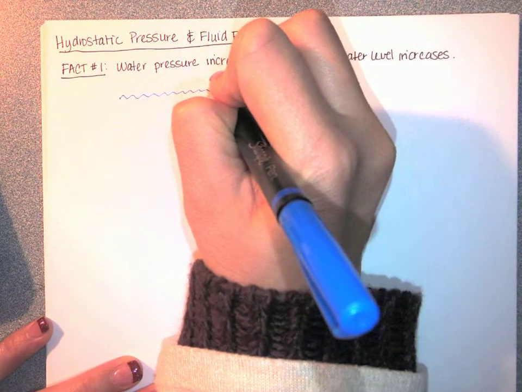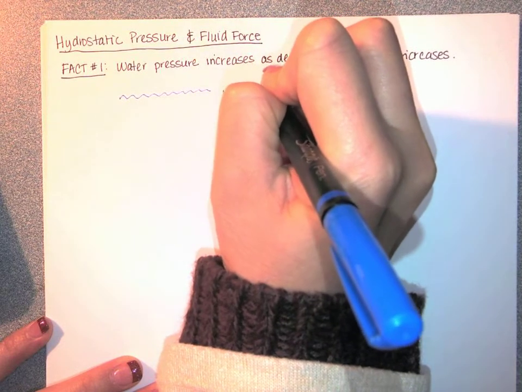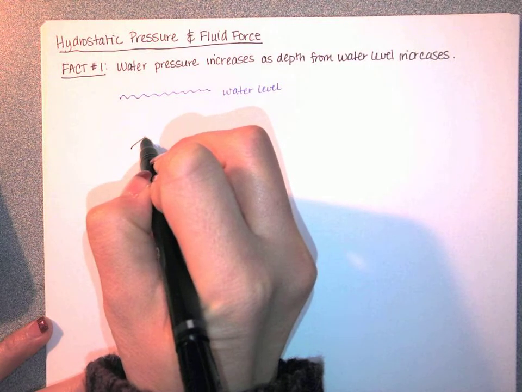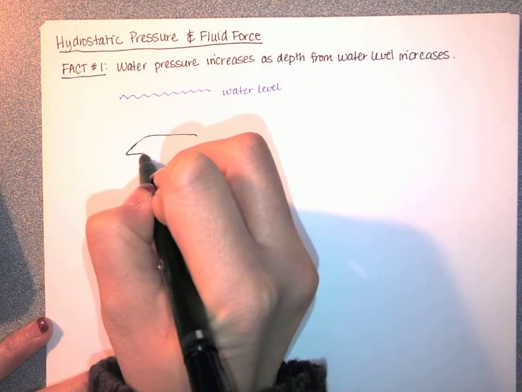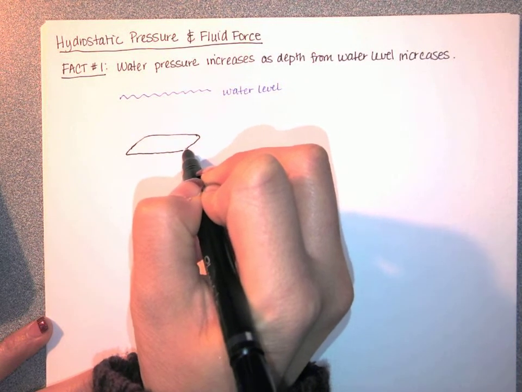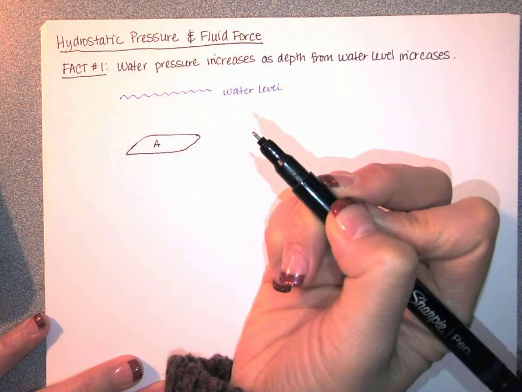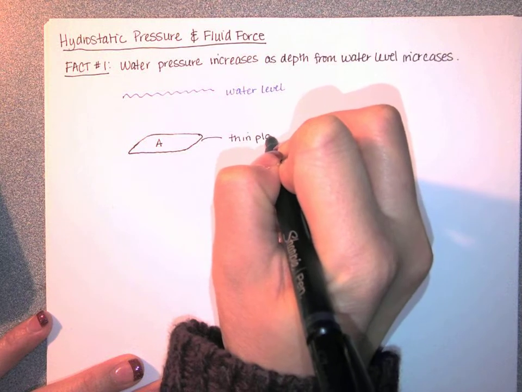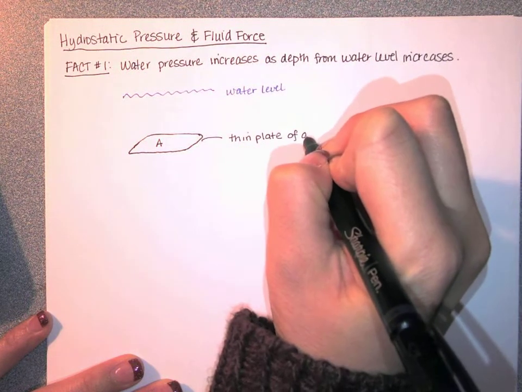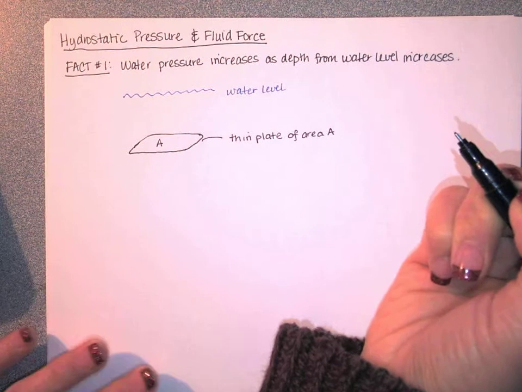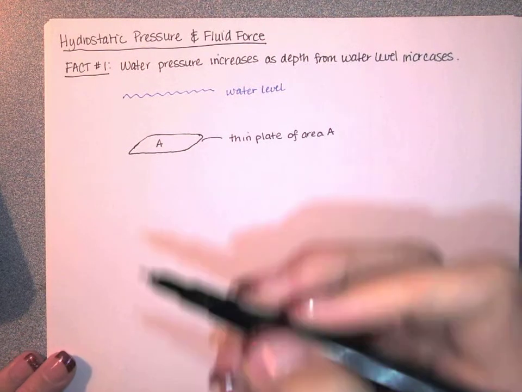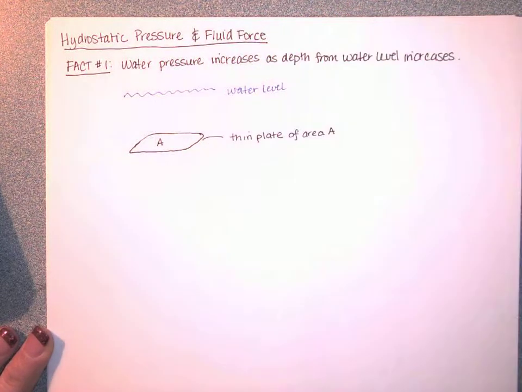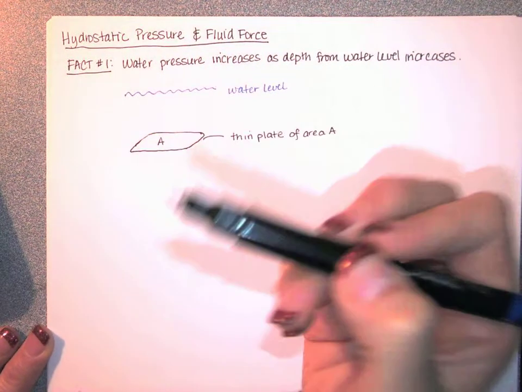So let's say that this is your water level. And let's say we've got a thin, flat plate down here. I'm drawing it on an angle, but it's actually just like a rectangular plate almost. And that thin plate has area A. Well, the amount of force being exerted on this little thin plate of area A due to the water pressure depends on the amount of water that's above it.